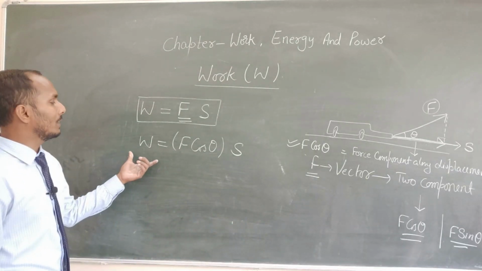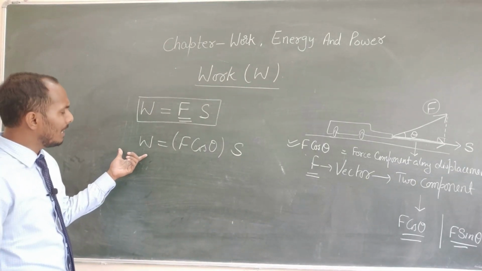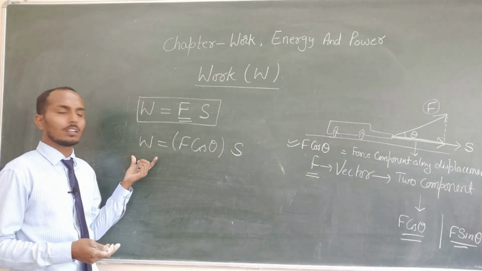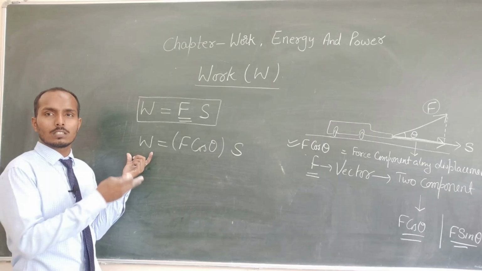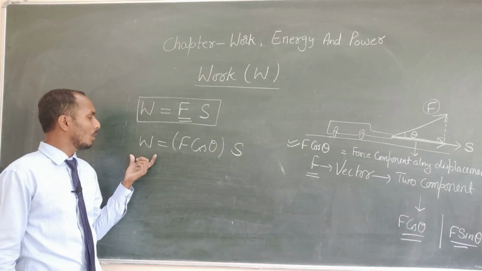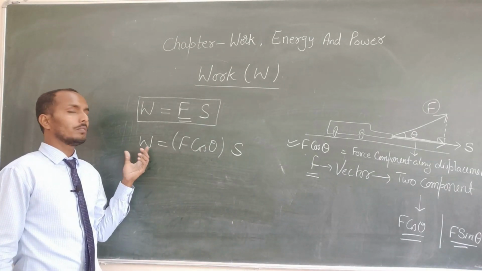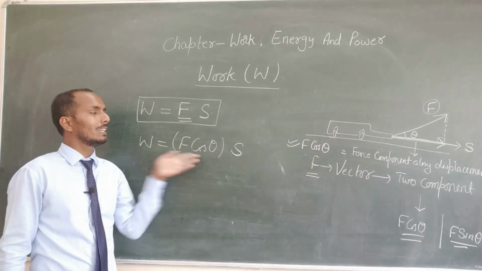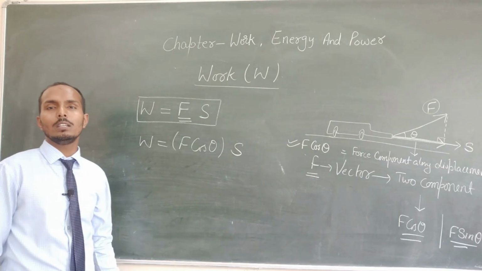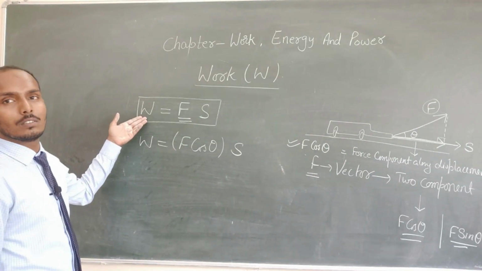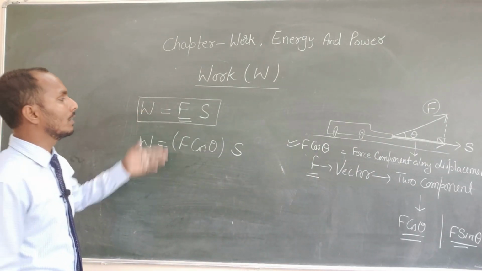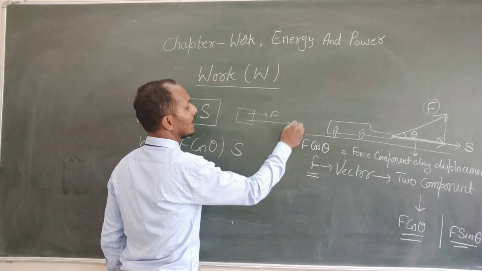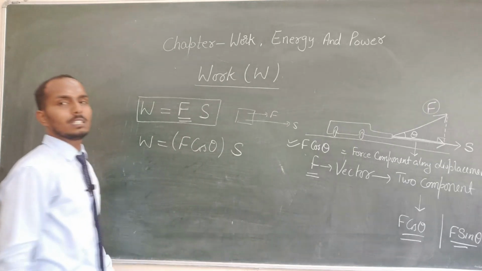There are many ways you can define the term work, but one of them, as written on the board, is this: when a force is acting on a body and the body is displaced in the direction of the force applied, then work is said to be done. In this case the formula becomes this.